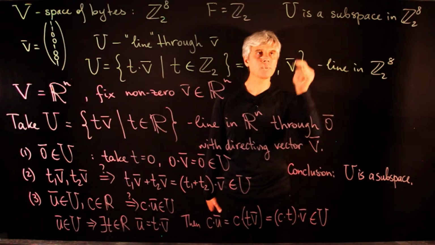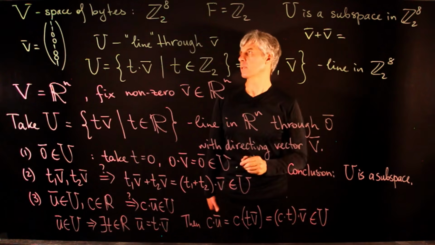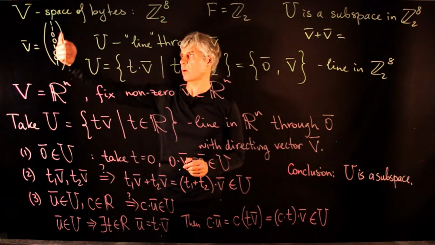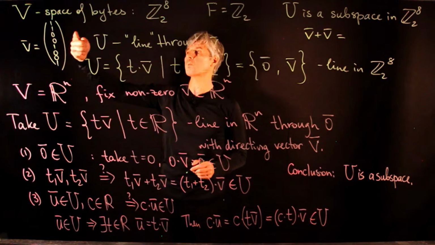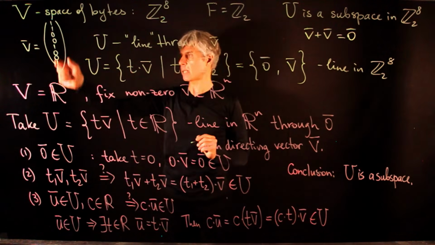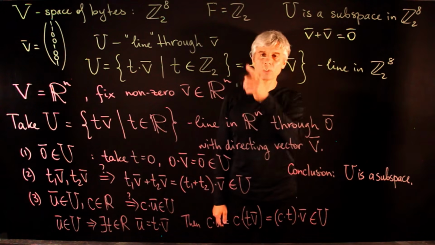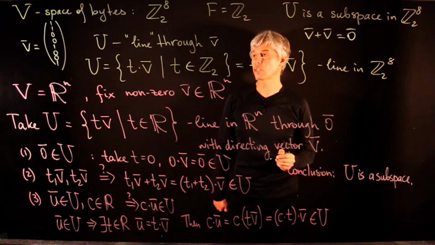And if we take v plus v, because over Z2, 1 plus 1 is equal to 0, and 0 plus 0 is equal to 0, if we add this byte to itself, we get a 0 byte. And so this set is closed under addition.